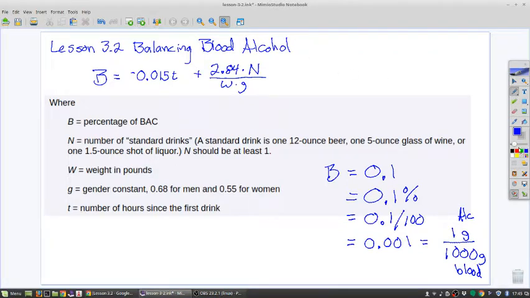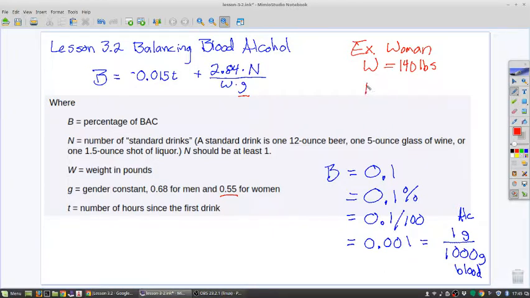So let's take, for example, a woman. So that means we're going to use this gender factor down here on the bottom. And let's have their weight, W, be 140 pounds.